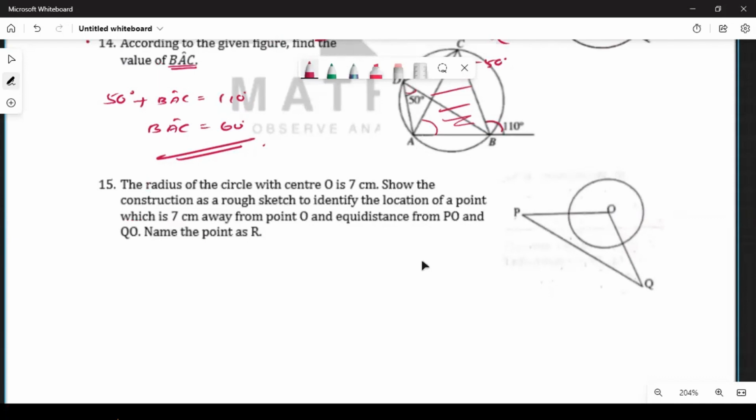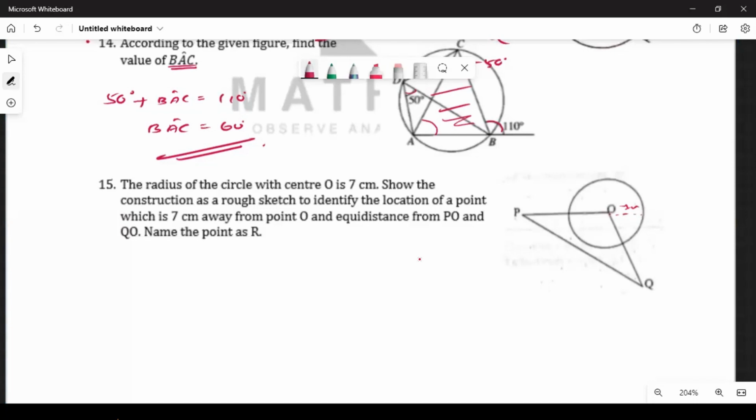Right. Question number 15. The radius of the circle with center capital O is 7 centimeters. Show the construction as a rough sketch to identify the location of a point which is 7 centimeters away from point O. Guys, if the radius is 7 centimeters, and they are talking about a point which is 7 centimeters away from O, which means that definitely that point must be on this circle.